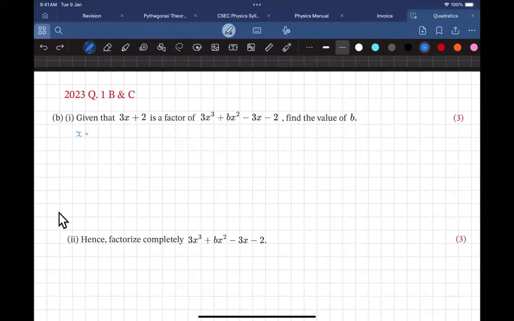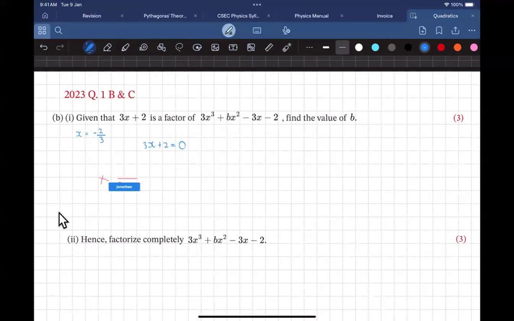Minus 2/3. Aliyah, see if you can figure out why it's minus 2/3. Because you're bringing it across the 3, so it'll be minus. No. There's a +2 over there.